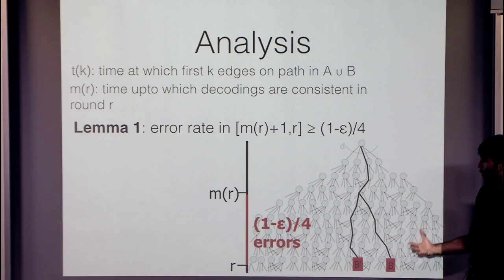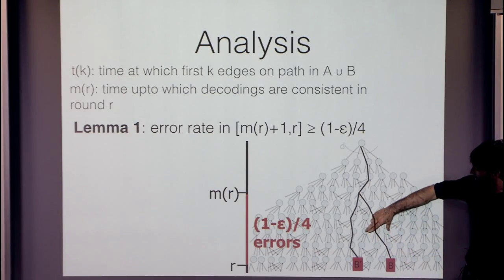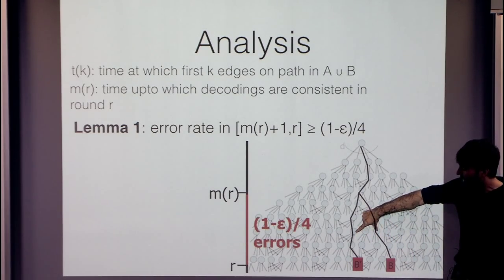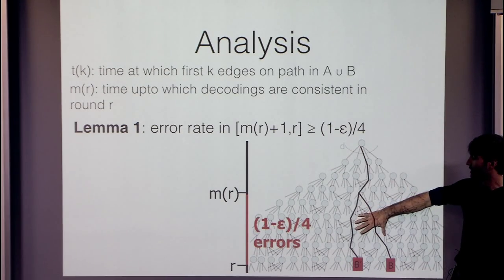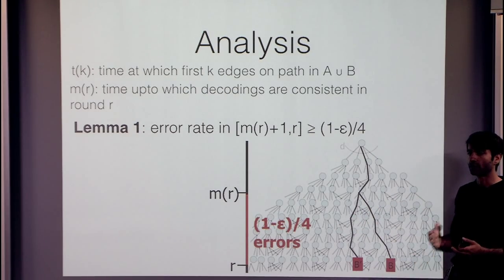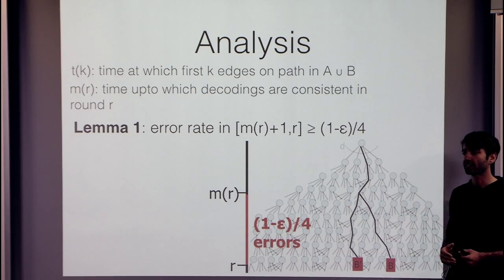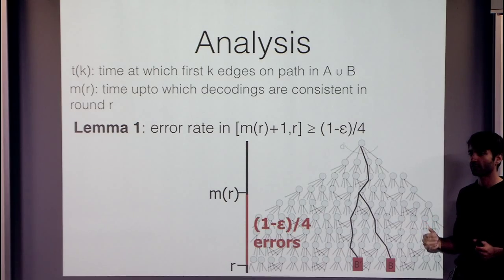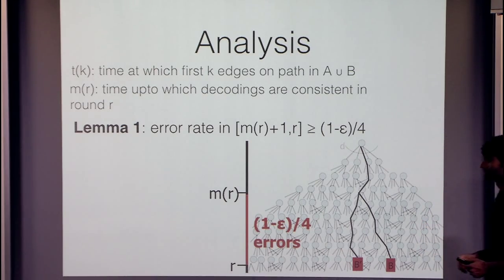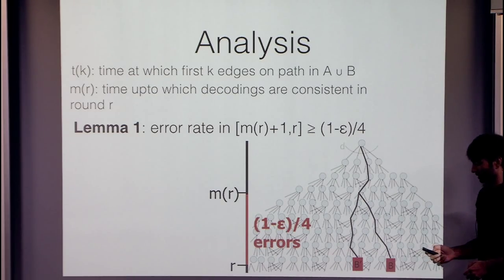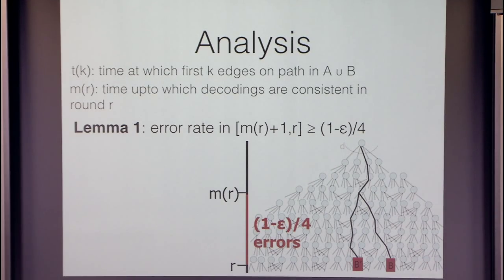And the tree code property we talked about before says that the second player's transmissions must have experienced an error rate of (1 minus epsilon) over 2. So the second player experiences (1 minus epsilon) over 2 fraction of errors. That means overall they're experiencing (1 minus epsilon) over 4 fraction of errors. Okay. Good, so that's one lemma.